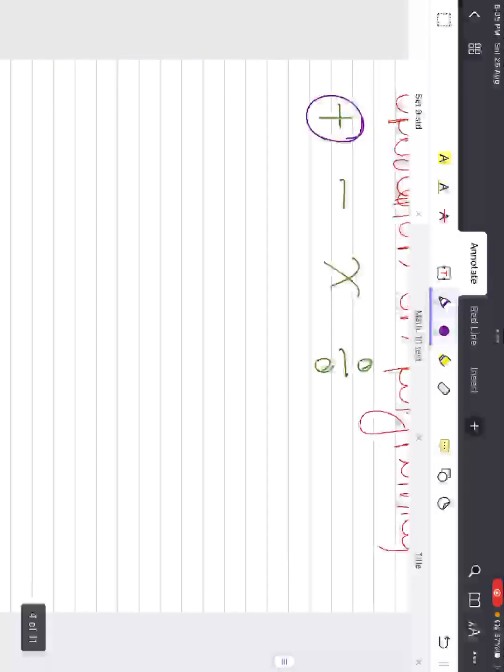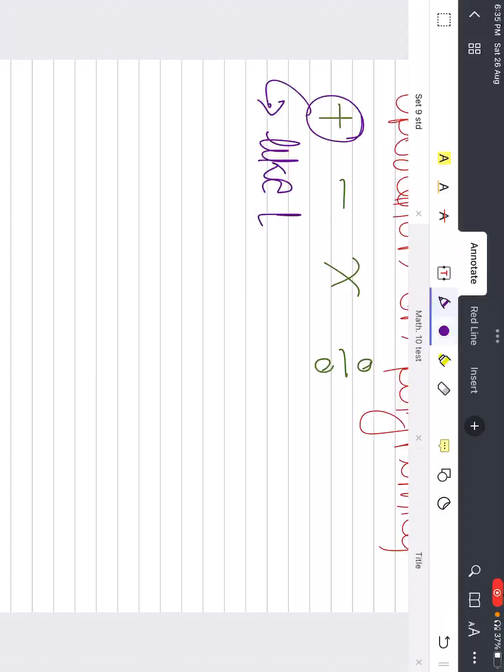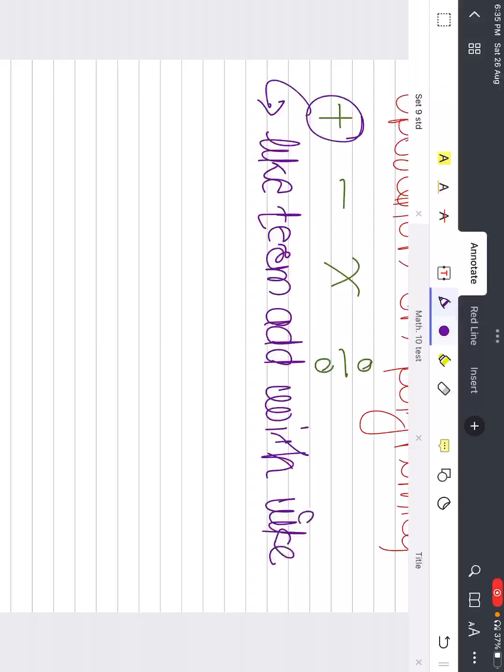While we are adding any polynomials, always keep one thing in mind: like terms add with like terms. So what are the examples?